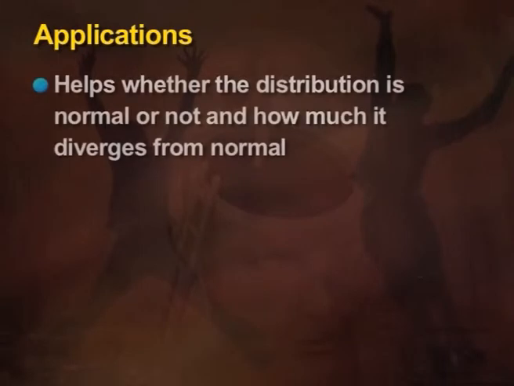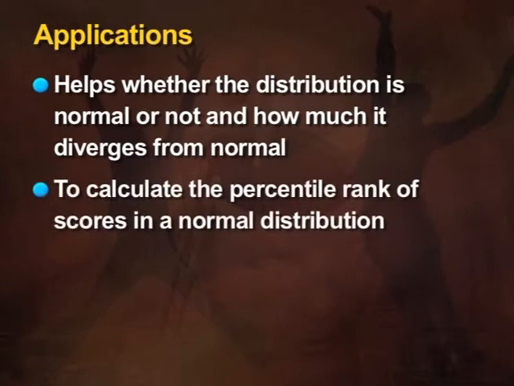Now, how we apply the formula and what are the uses of the formula, let us see from the slide. The applications: the normal probability distribution helps in knowing whether the distribution is normal or not and how much it diverges from the normal. To calculate the percentile rank of a score in a normal distribution.